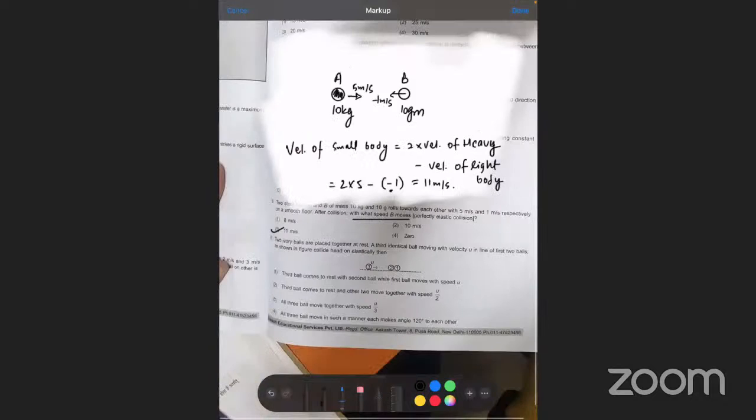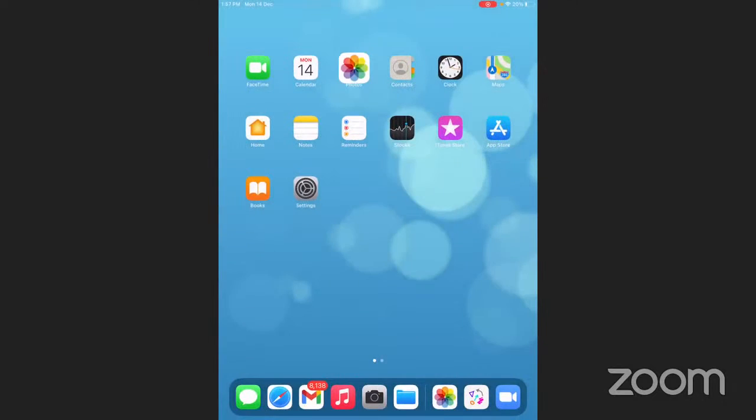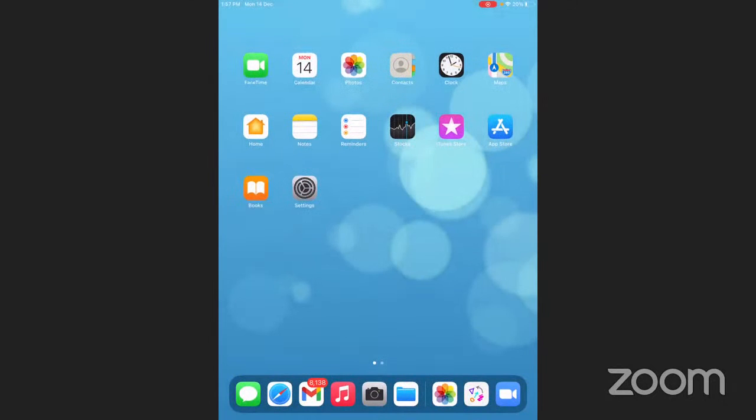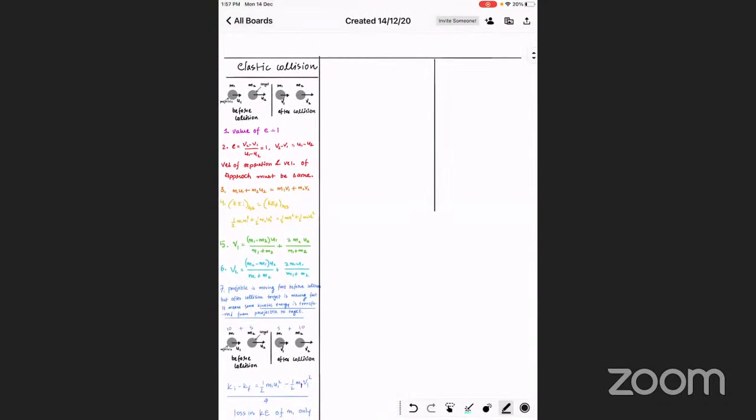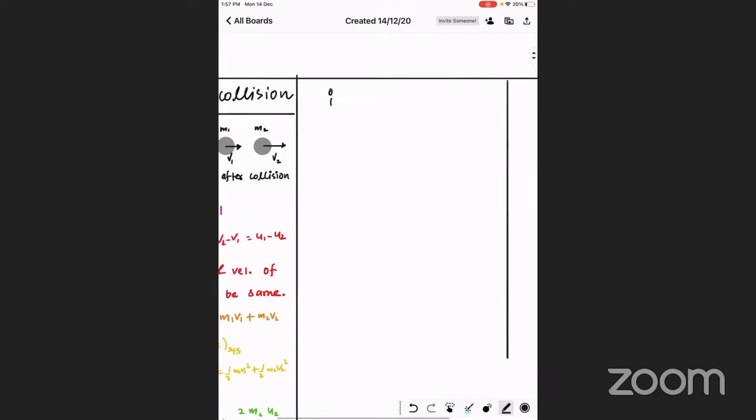I believe you enjoyed my lecture today, but I have a lot of work for you. How will you compare elastic collision with inelastic collision by using all these points? Inelastic collision, where the value of e is between 0 and 1.